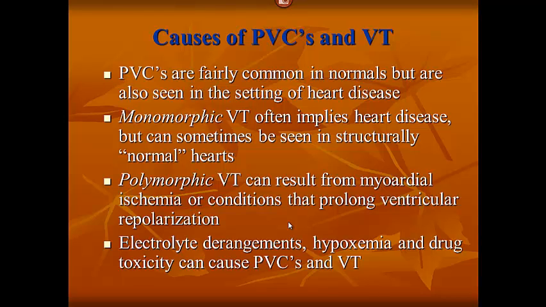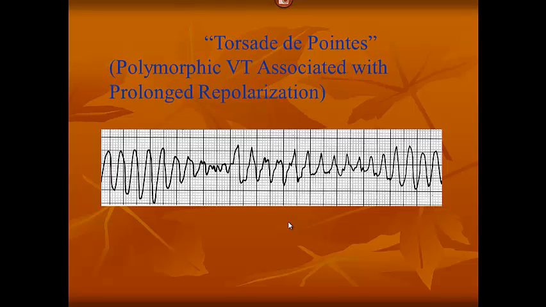Look for electrolyte derangements again, any disease that could lead to hypoxemia, any drug toxicity, and the patient could also go into Torsades de Pointes, which is basically prolonged repolarization.